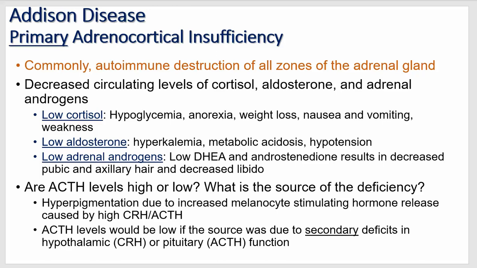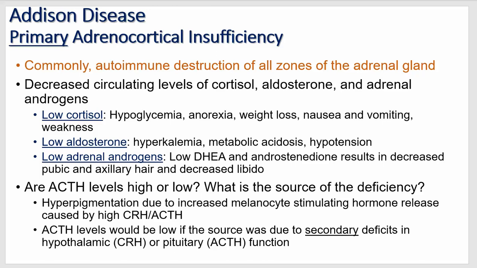So if you see all of these things together, maybe it's the adrenal gland. Then the question: are ACTH levels high or low? What is the source of the deficiency? That comes back to what's causing it.